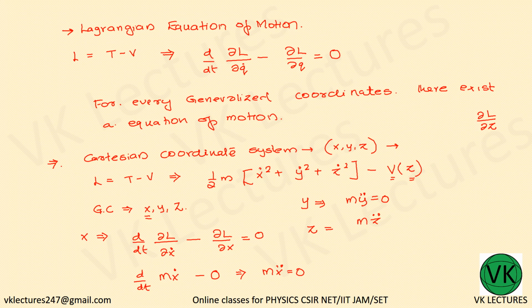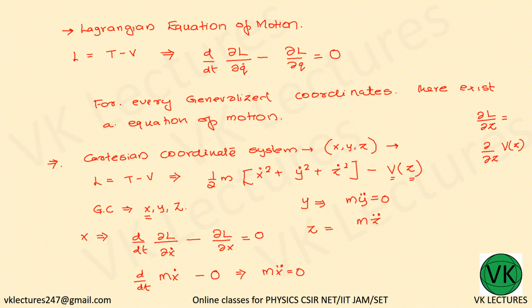So dou L by dou z is minus dou by dou z of V of z.